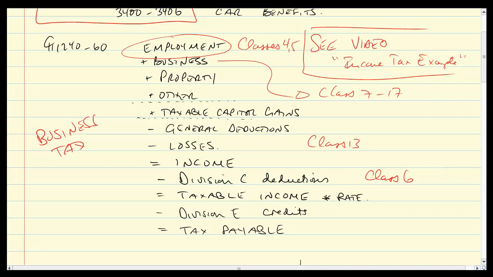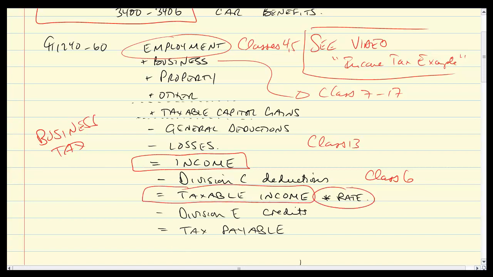So when we figure out what goes into income, it's a fairly simple equation of here are the different pieces that can be added up to get to your income. And then we have these deductions that we'll take away to get us down to taxable income. Then we'll apply a rate to that, and that would be the tax we would pay except for these credits, and then we end up down at tax payable.